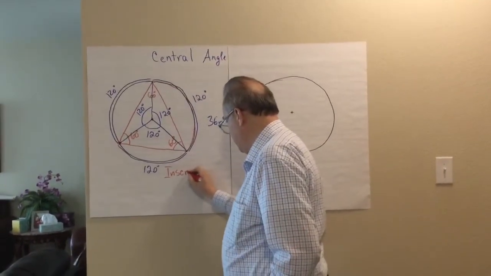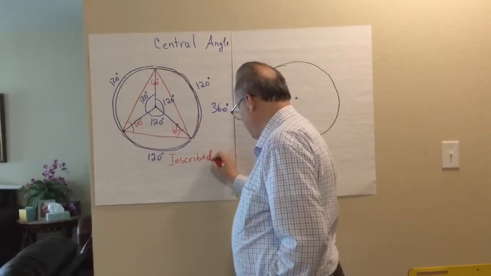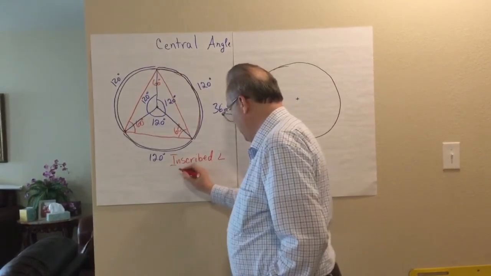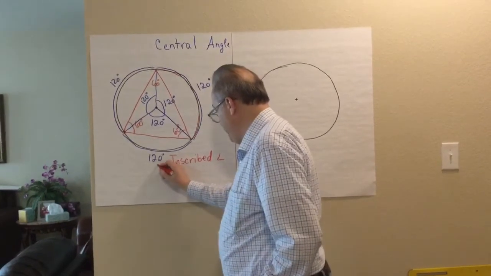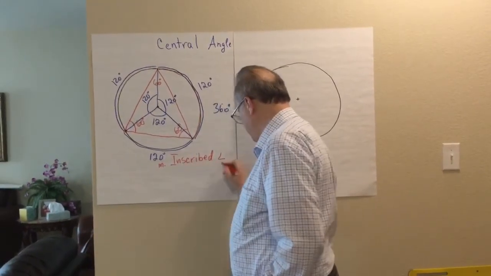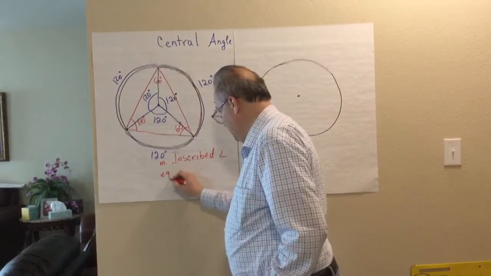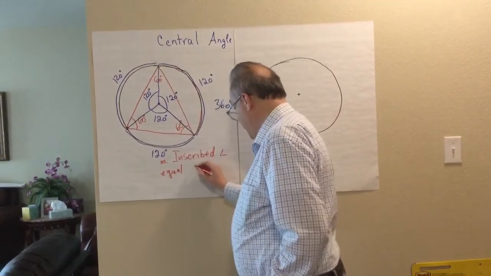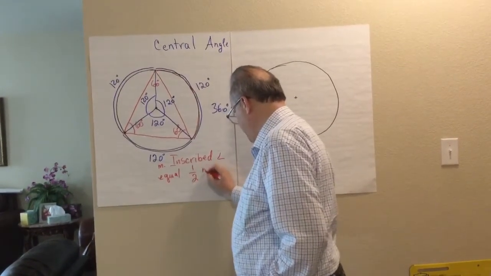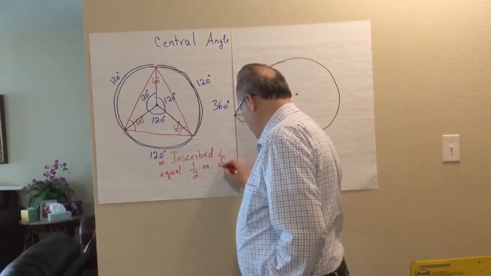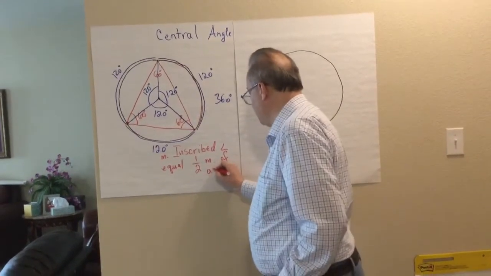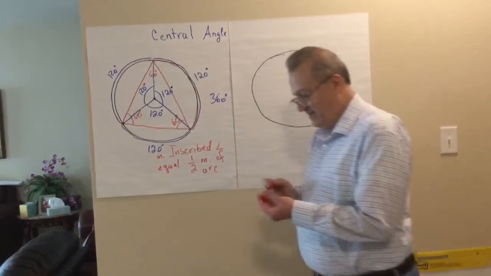Inscribed angle. What's the measure? Measure of inscribed angle equals half the measure of intercepted arc. All right?